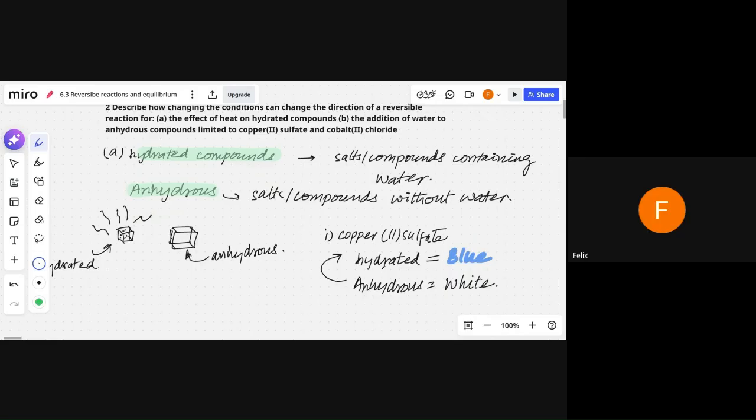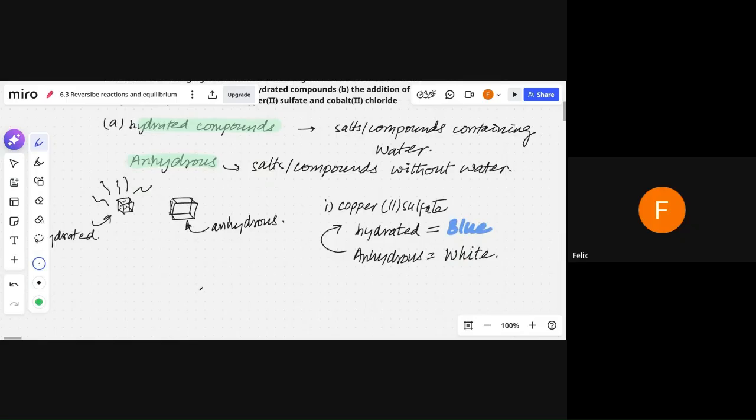And the opposite can also occur. If they give you hydrated copper sulfate and ask you to heat it, it's going to change color, right? So let me write it like this: copper sulfate. Here I'm going to write hydrated, and when we add water, this is going to change to blue, right?